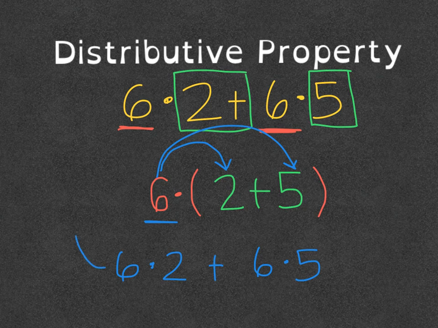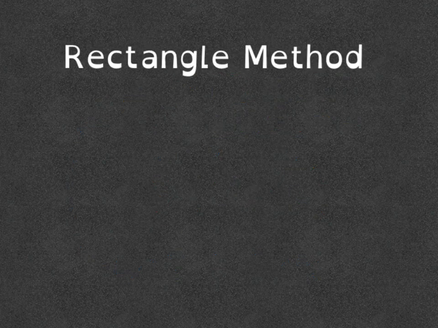What I've done is I've recreated my first equation. This is something that you can do using multiplication because it's a rule of multiplication, it's a property. We're going to use this distributive property while we're working on bigger multiplication problems using the rectangle method.